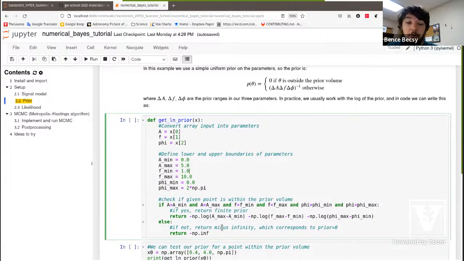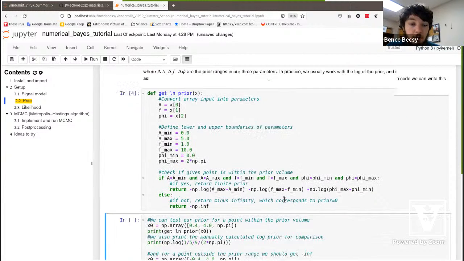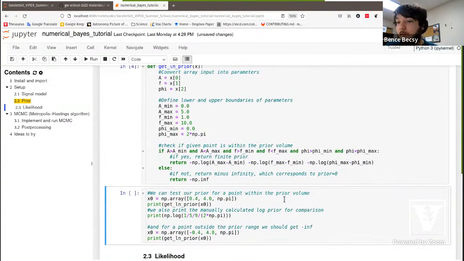If so, it returns the natural logarithm minus the natural logarithm of these prior ranges, which is your prior. If not, then it returns minus infinity because in log space that corresponds to a prior equal to 0. So let's run this cell too.